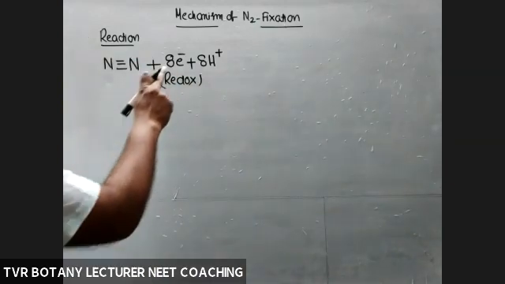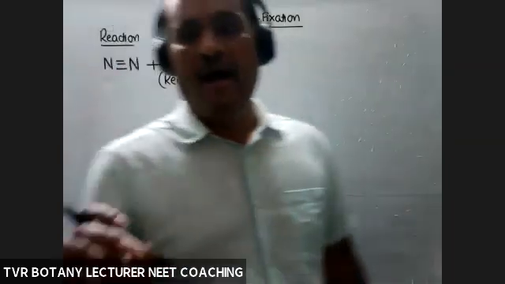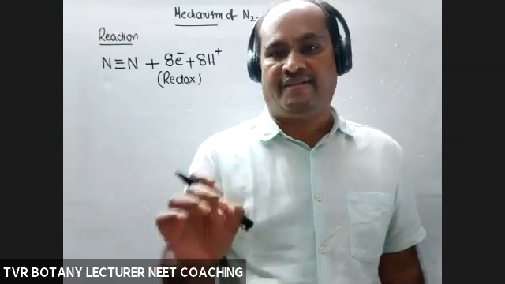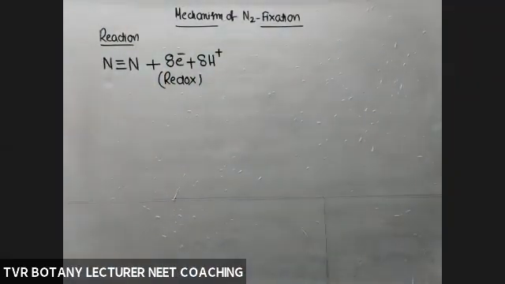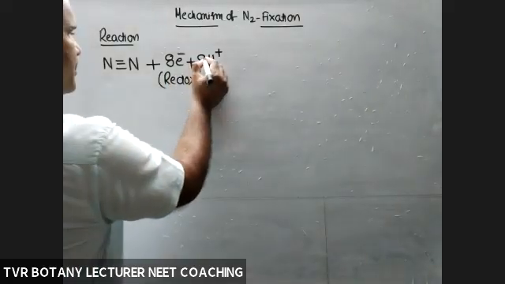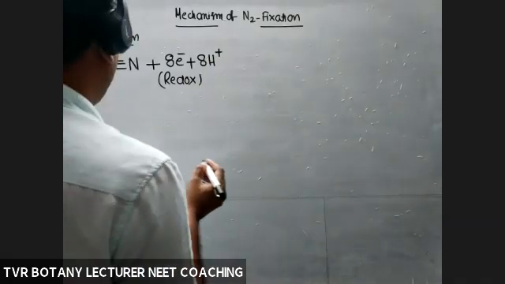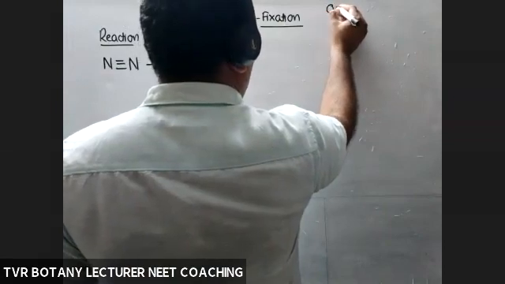The source of electrons and protons is the oxidation of pyruvic acid during respiration.